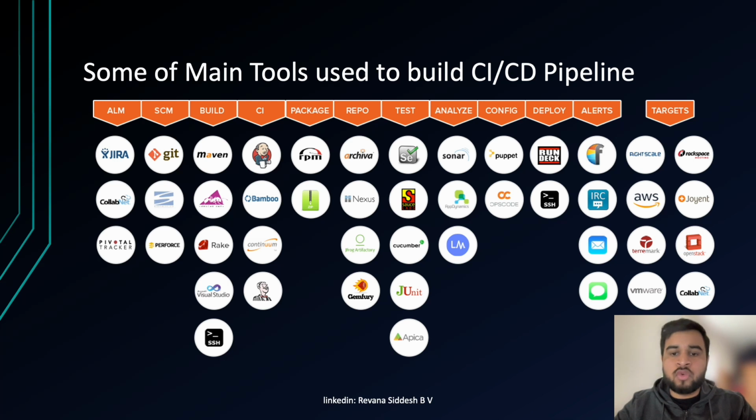Jenkins can be used for continuous integration, Nexus for artifact repository, SonarQube for analysis, and so on. Finally, the targeted environments may be on-prem or any cloud providers that include GCP, AWS, or Azure.